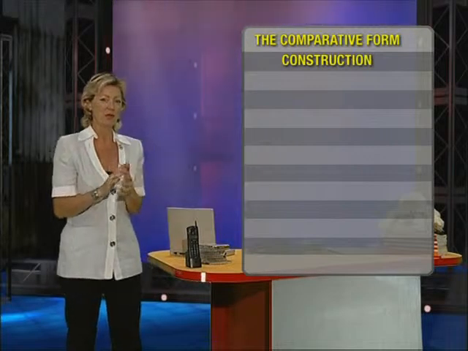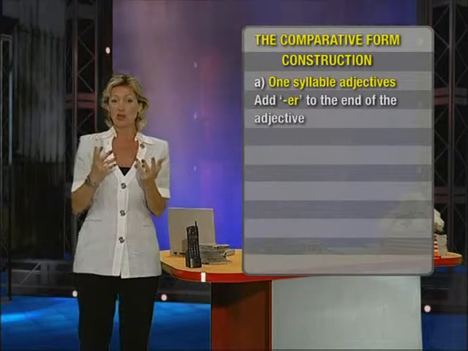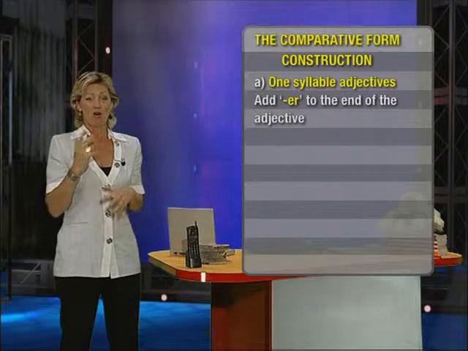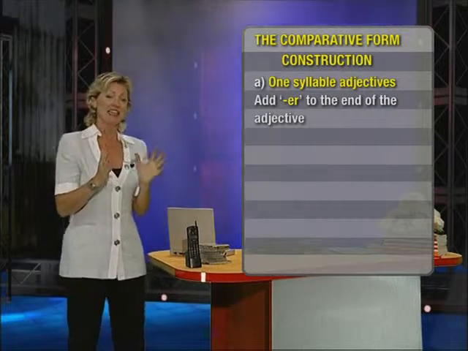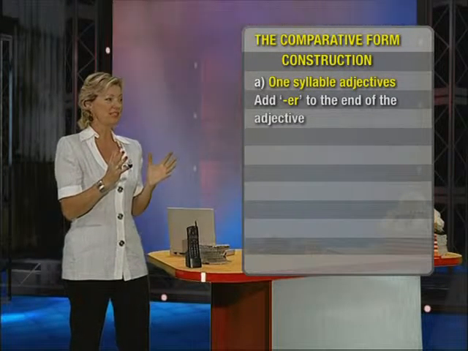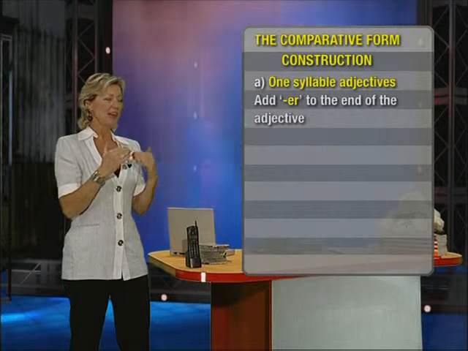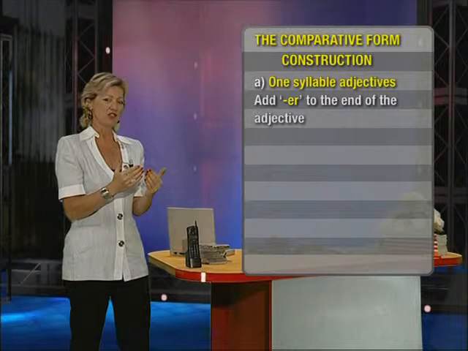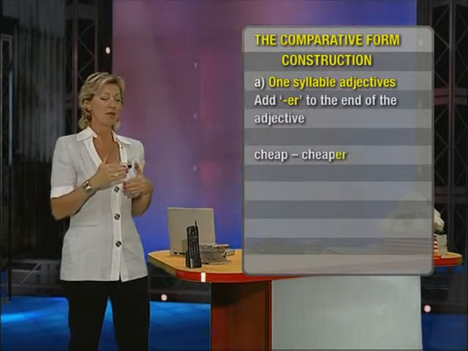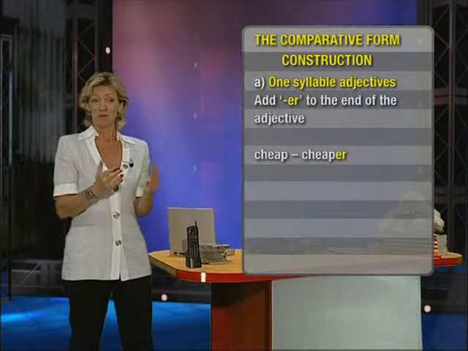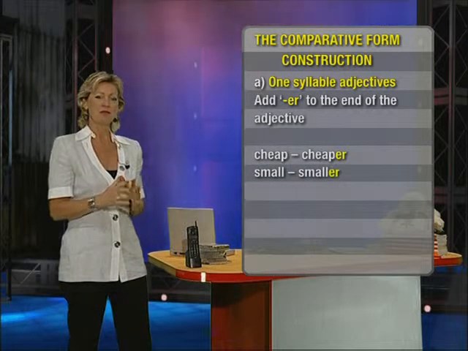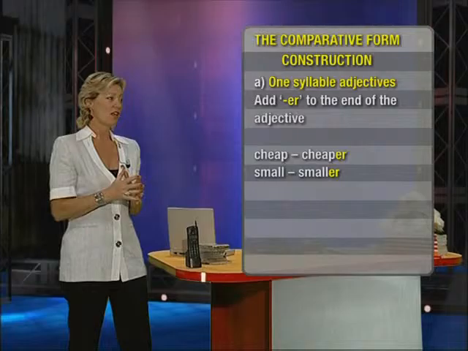Now, let's go and have a look at the language and see how we formulate comparatives in English. All right? If you have a one-syllable word, you remember one-syllable words like cheap, small, hot, high, then to make the comparative, it's easy. We add ER to the adjective. So cheap becomes cheaper. Small becomes smaller.